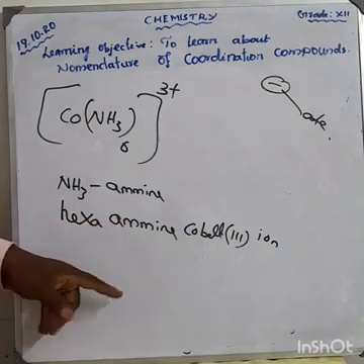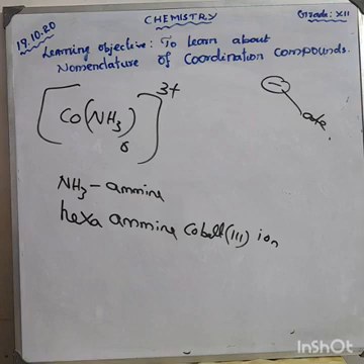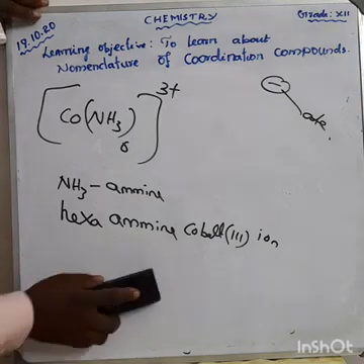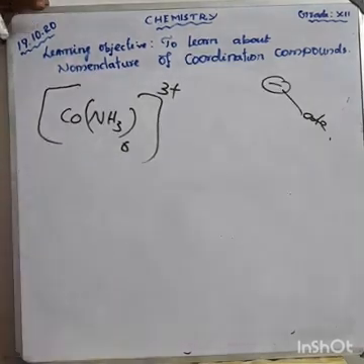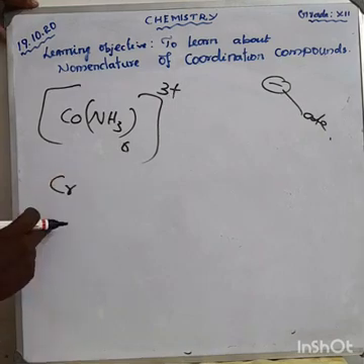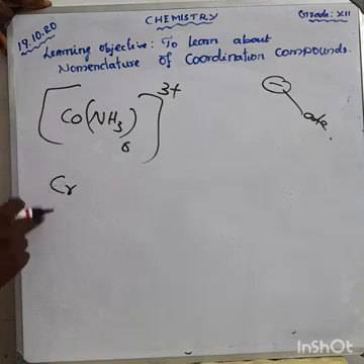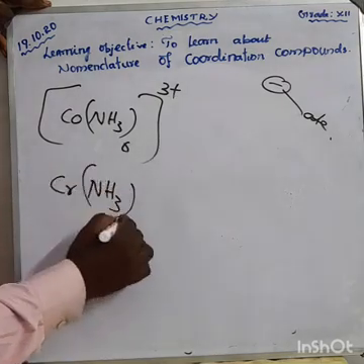Here, I told you about when there is more than one ligand. How can you say the ligand is more than 1? For example, Cr. I am taking the chromium metal, it is a very favorite metal. Chromium, ammonia, I am taking 3.